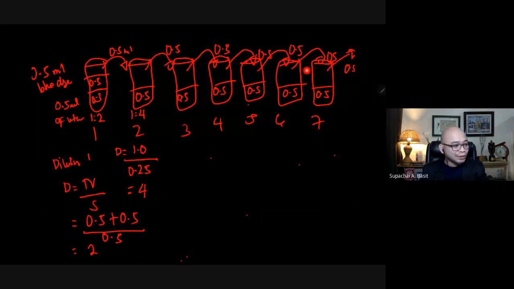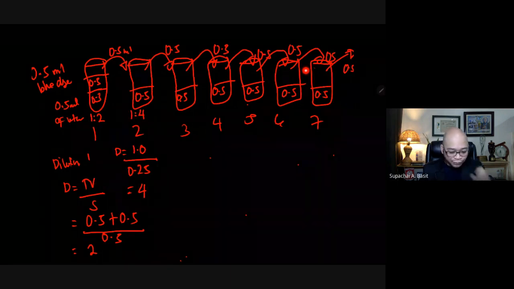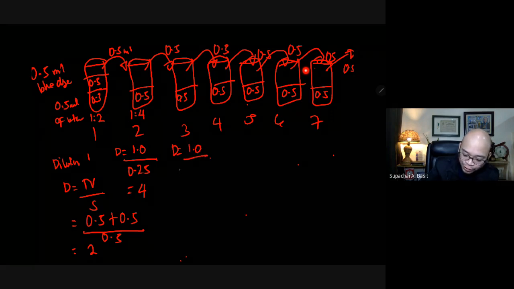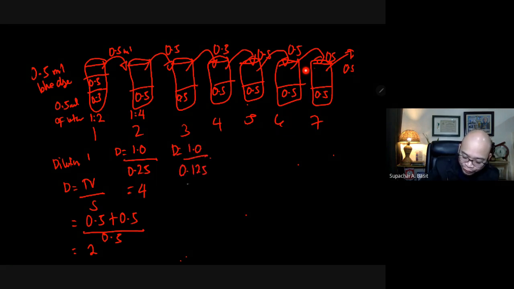Half of 0.25 is 0.125. So the dilution here is 1.0 over 0.125, and the answer now is 8. So tube number 3 is 1 is to 8.